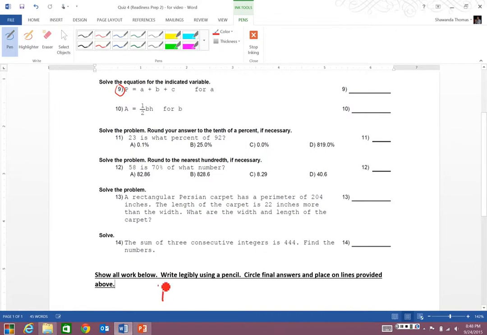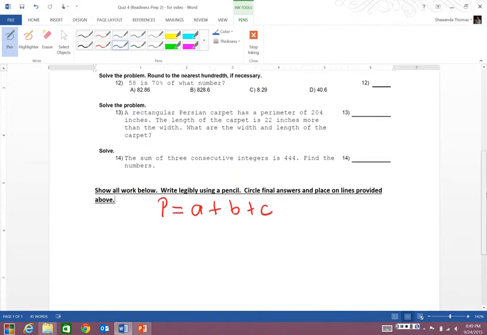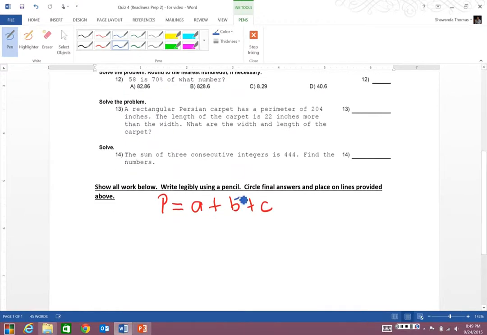So let me write the problem. P equals A plus B plus C. So what you could do is subtract B from both sides.